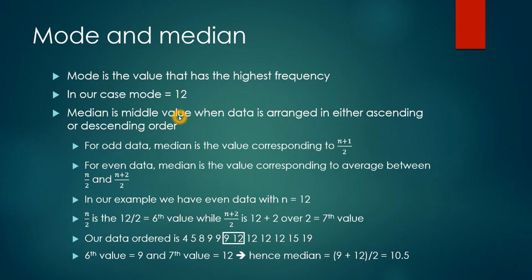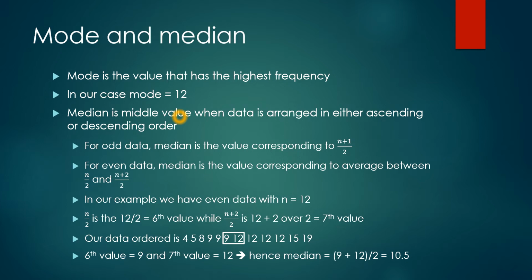The median needs a little bit of calculation. This is the middle value, but you have to arrange your data in either ascending order, which means from lowest to highest, or descending, from highest to lowest. And when you order your data, it can be of two types: odd data or even data.